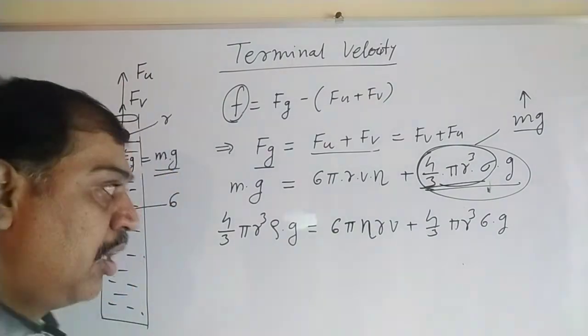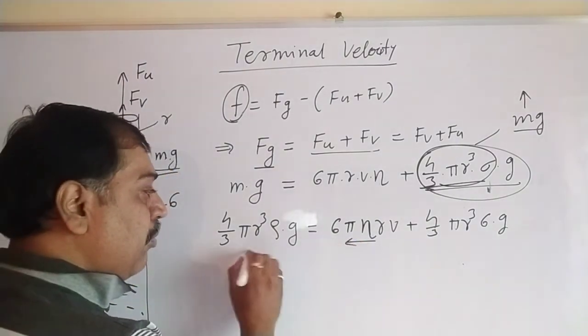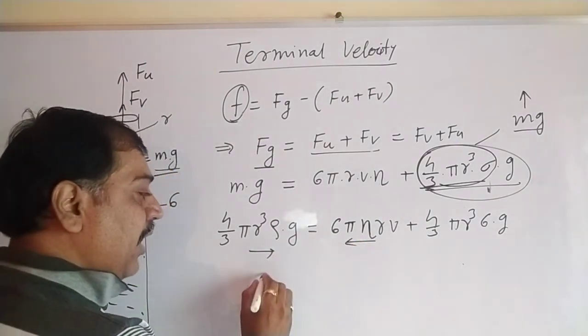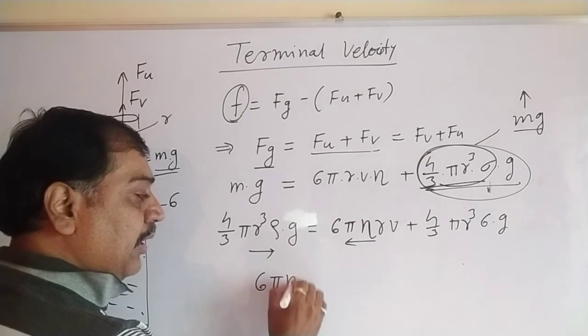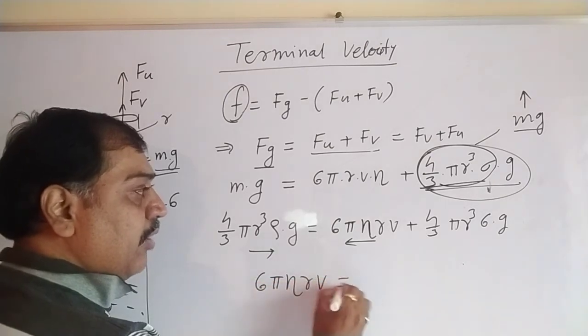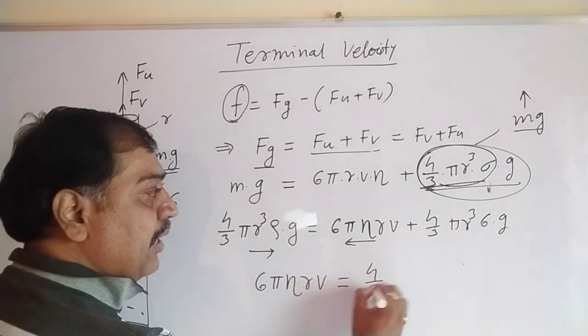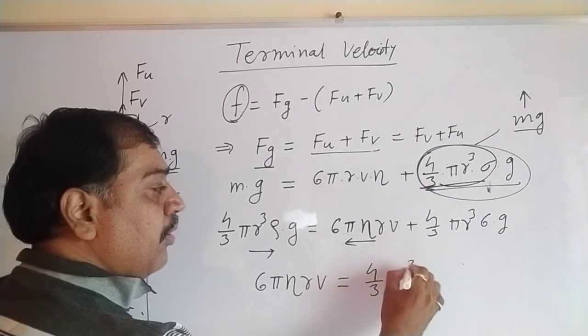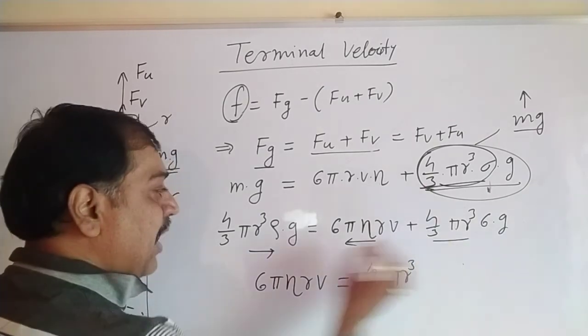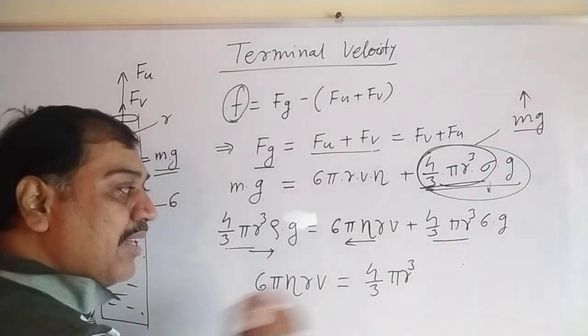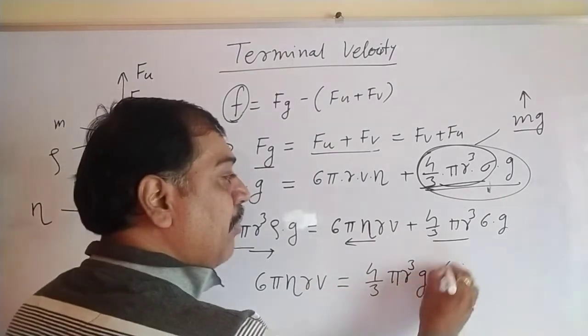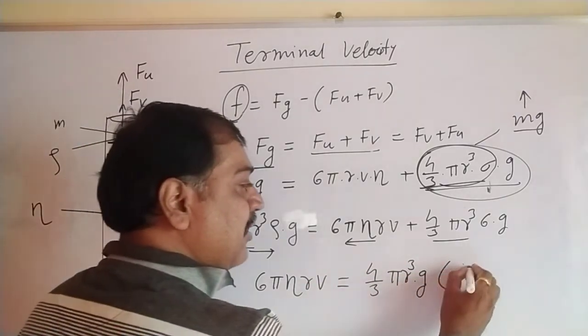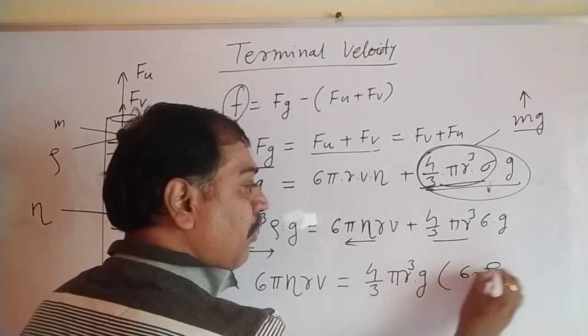Is that clear? Now move this term to this side and move this term to that side. So what we get? 6πηrv equals 4/3 πr³, this 4/3 πr³ is common, g is also common. Outside the bracket, what is there?